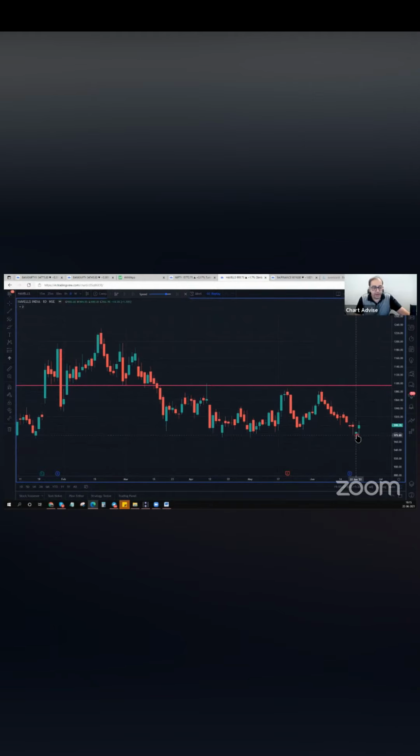And now what has happened is just 2 sessions ago, it has formed a hammer pattern here, right? It's a very powerful mover. It has formed a hammer pattern here, and now it has opened today slightly higher, and it is showing indication of moving up.